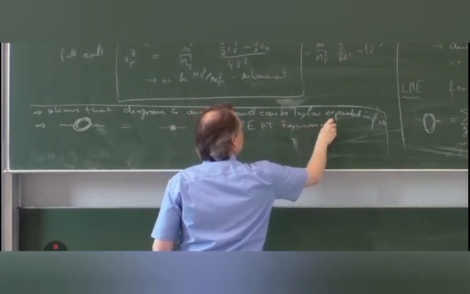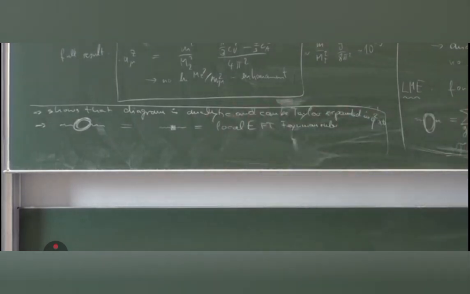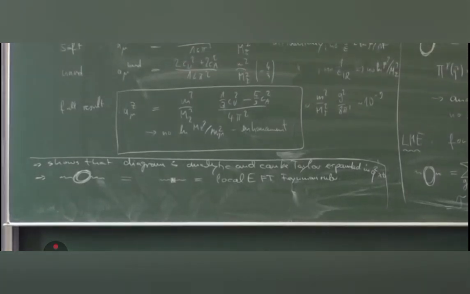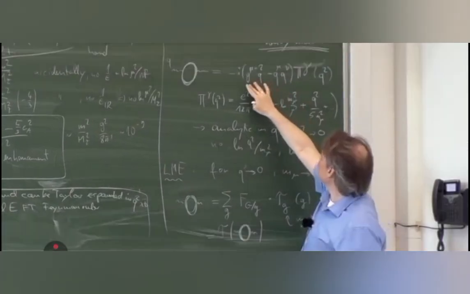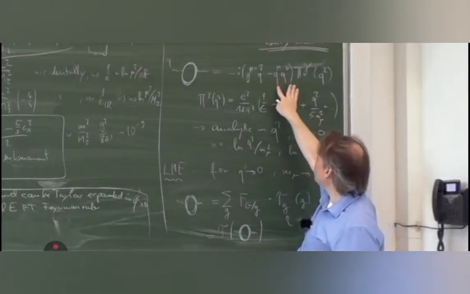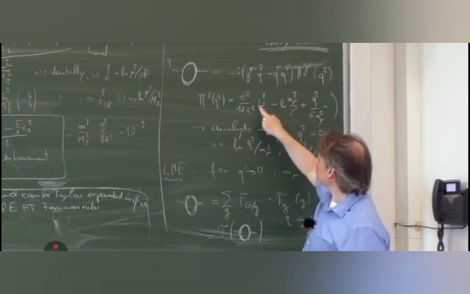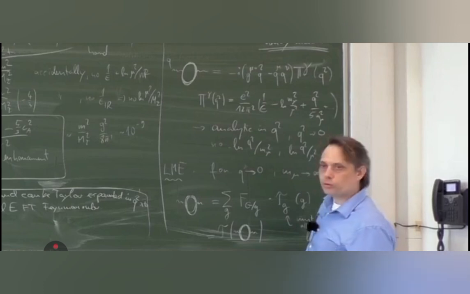So that is the literal result. And which Feynman rule? For example this one. So the first non-vanishing order is already a polynomial of second degree with this combination g mu nu q square minus q mu q nu times a constant. That would be the lowest non-vanishing order contribution.